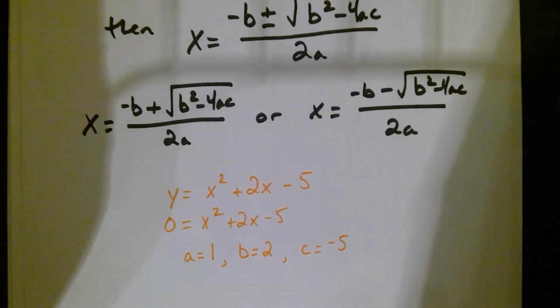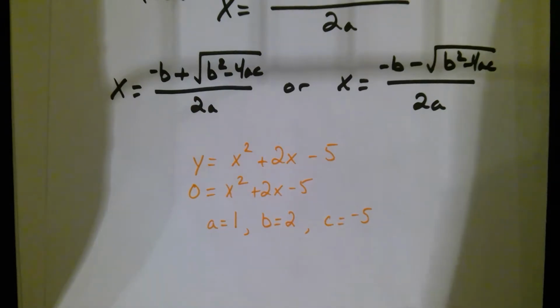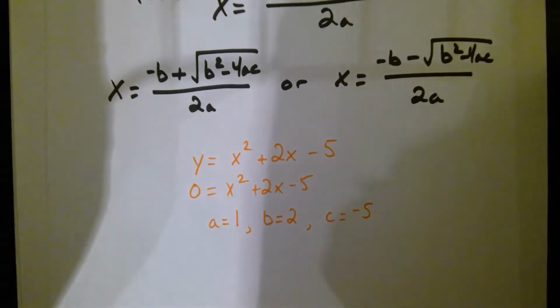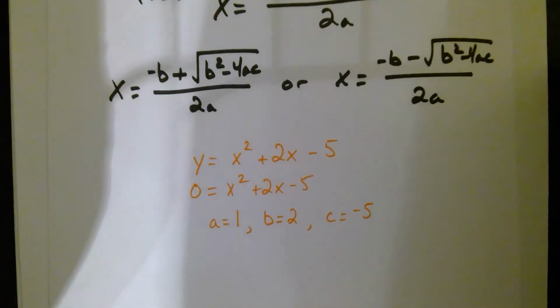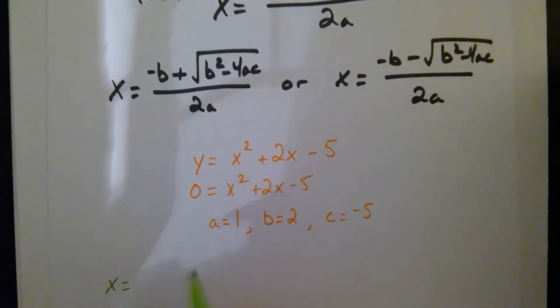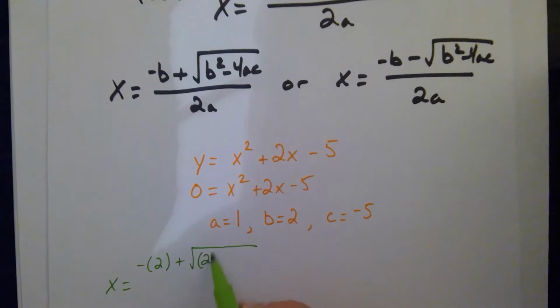Now, I've got a formula, and I'm not afraid to use it. Let's go ahead and plug in with what we've got. We're going to do this one broken down for the first one, and then we'll just combine on our next example. Okay, so here's my first possibility. So we have x equals negative b plus the square root of b squared minus 4 times a times c.